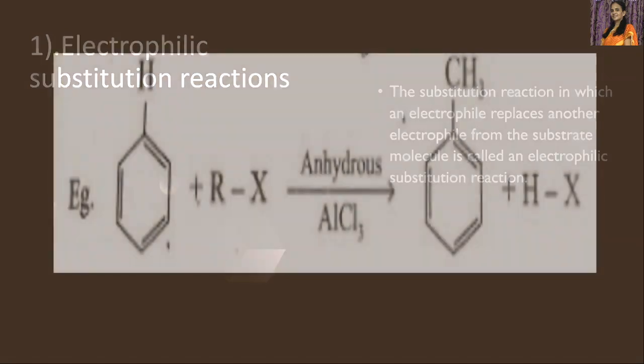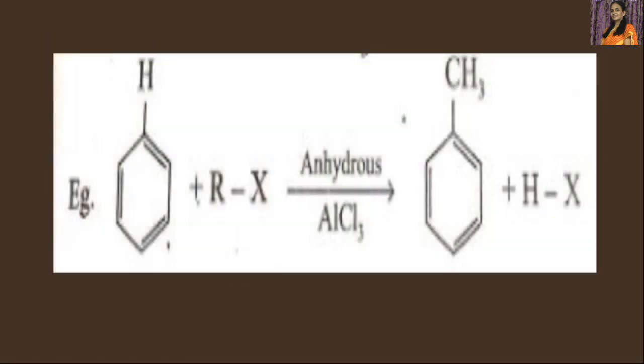Okay, now let us see the example. Here, benzene, C6H6. When it is treated with an alkyl halide RX in the presence of anhydrous AlCl3, that is a Lewis acid, we get R here. If this is CH3X, we get CH3 over here.